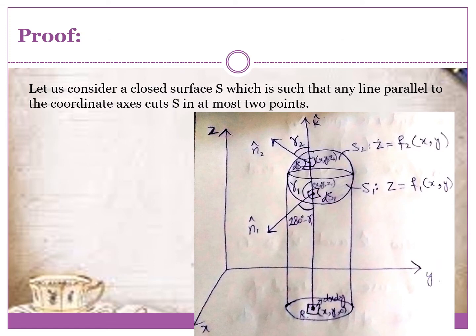Now here we suppose that this n2 is the unit outward drawn normal vector making an angle gamma 2 with k. Here you see that gamma 2 is an acute angle.